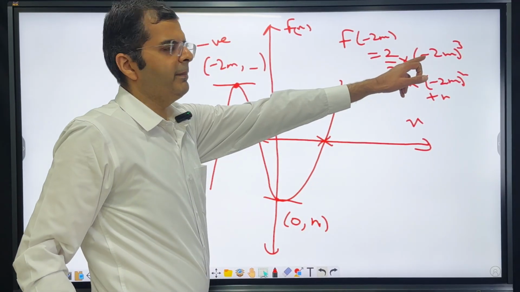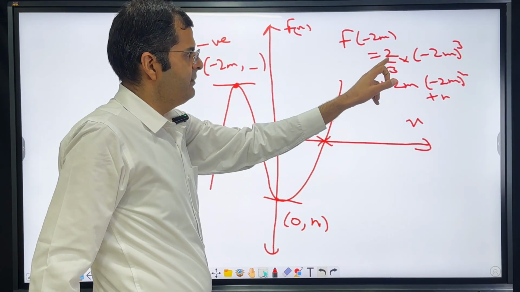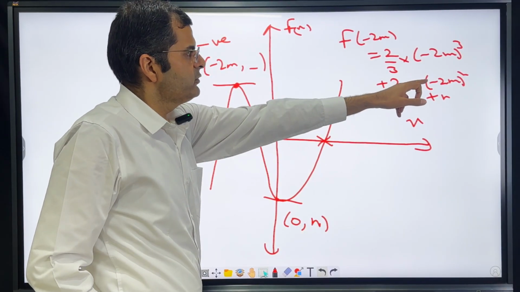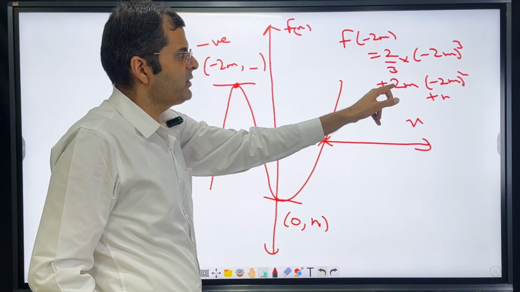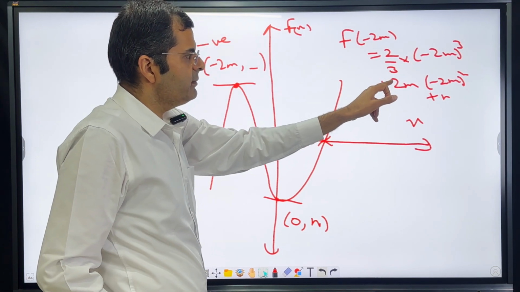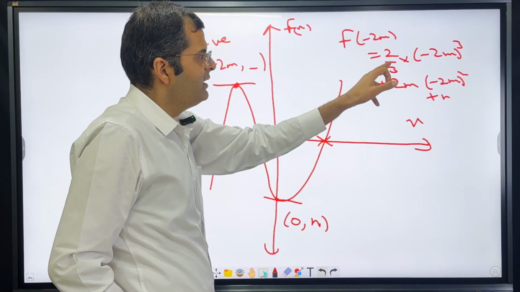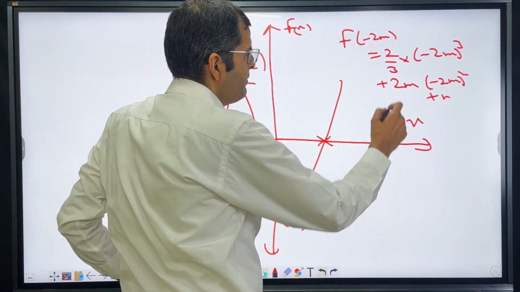So this becomes minus 8m cube into 2 by 3. And 2m into minus 2m square becomes 4m square, so 4m square into 2m is 8m cube.